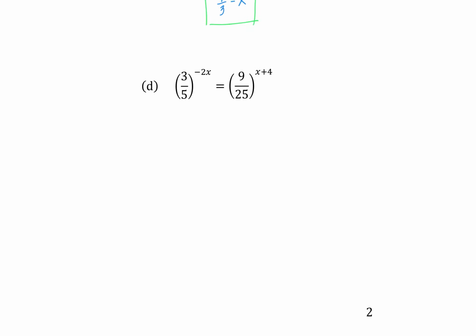Last one. Let's say I have 3/5 in the parentheses and I have 9 over 25. Now I know 9 is 3 squared and 25 is 5 squared. So I'm thinking that the base that I'm supposed to match to is 3/5. I'm not going to do anything on the left-hand side. On the right-hand side, I'm going to write 9 as 3 squared and 25 as 5 squared.